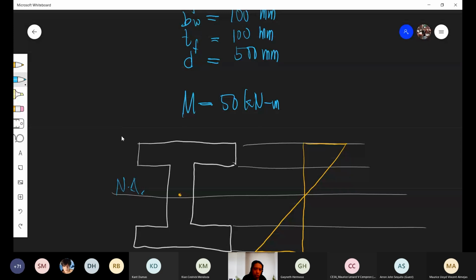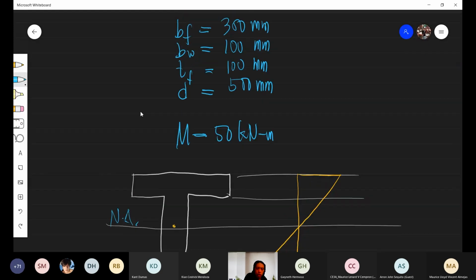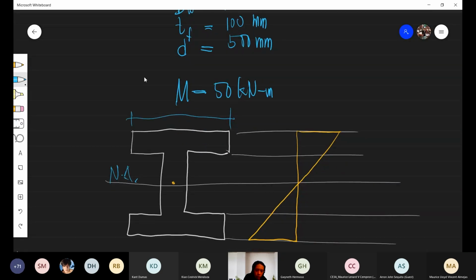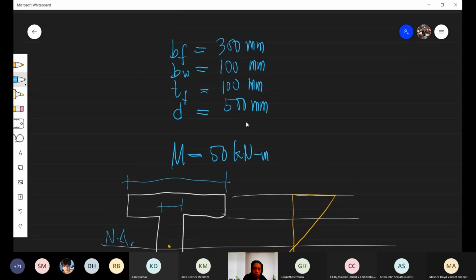The width of the flange, so ito naglo-loading na naman. Okay. So ini nga distance, ito yung width of the flange, that is 300. The width of the web, ito nga width of the web. Adi man tim web. So ini nga distance, ito niya width of the web. Because this is your web, plus ang width niya, niya nga distance. The width of the web. Sometimes this is the thickness of the web, TW.